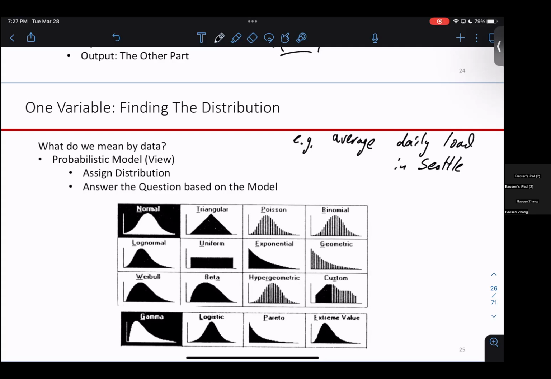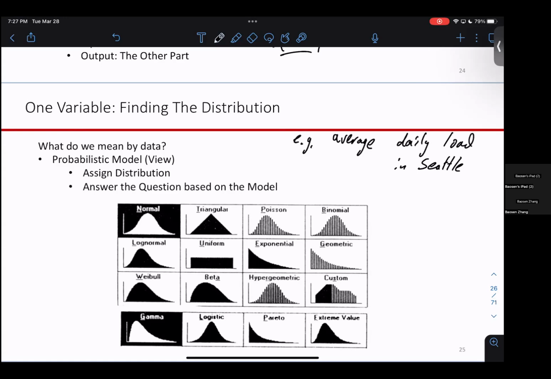You take 365 numbers. Every day you find a load and you look at it. There's some distribution of the load. Does the load look like any of these distributions? Is there something particular about the load?